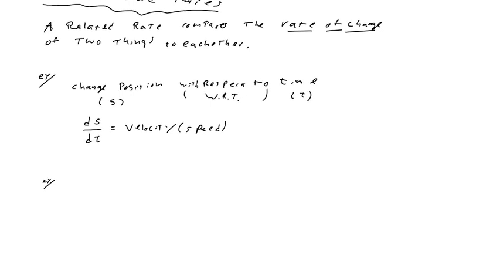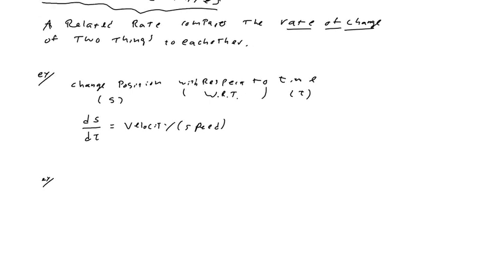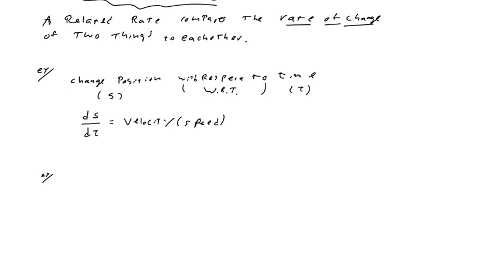So we can look at how things change with respect to time, or with respect to something else. Most often it's in terms of change of time, but we can compare one type of change to another kind of change.